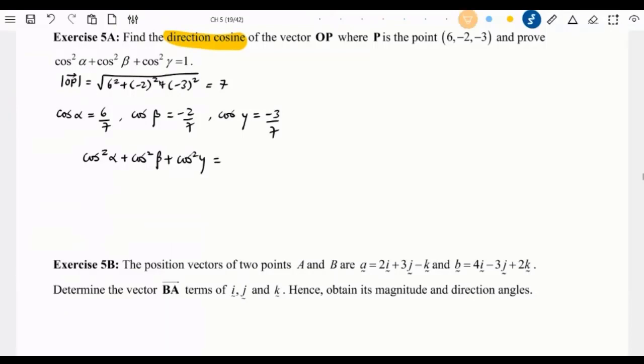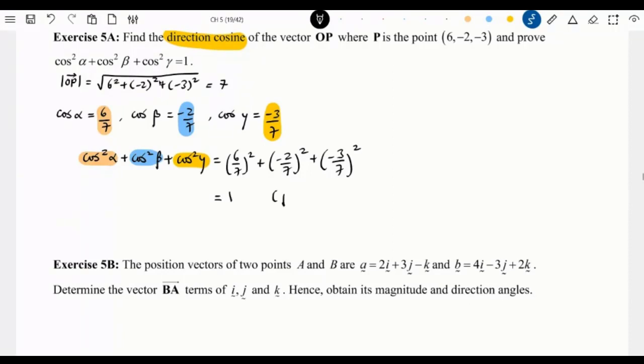So you fill in all these things ke dalam ini. Okay, so make sure you have to put square. So 6 over 7 square plus negative 2 over 7 square plus negative 3 over 7 square. Okay, dapat berapa ni nilai dia? 1. Okay, so literally we proven.